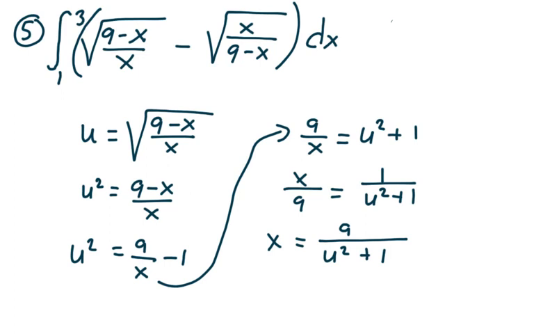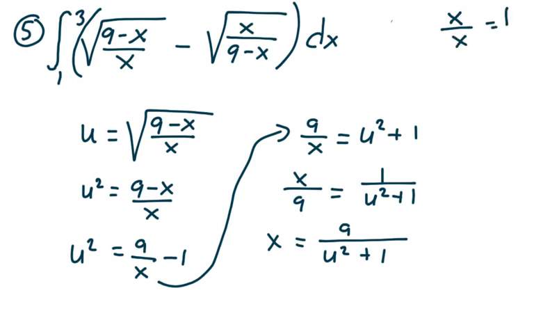I always think it's best to square both sides to get rid of the radical. So when I do, I get u squared equals 9 minus x over x. Split that fraction up. And so what I get is u squared is 9 over x minus 1, because remember, x divided by x is 1.